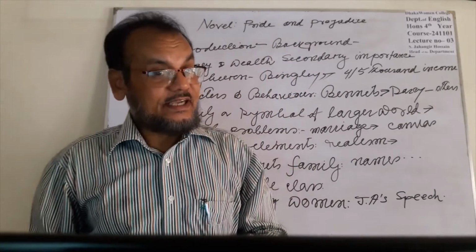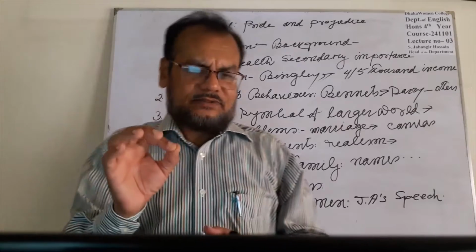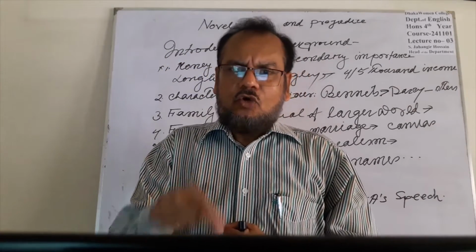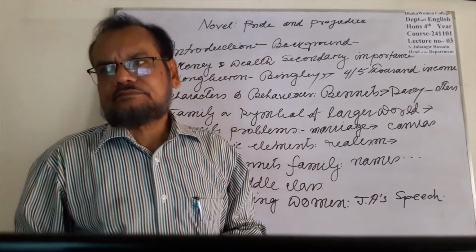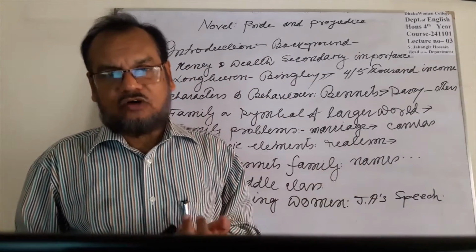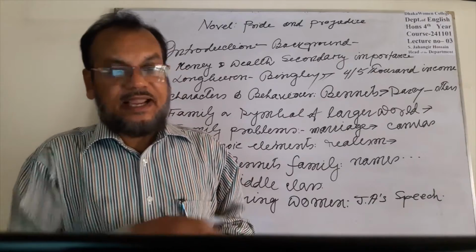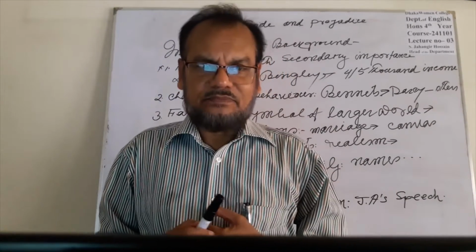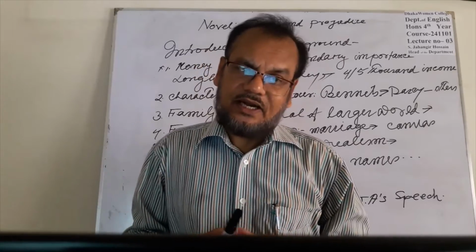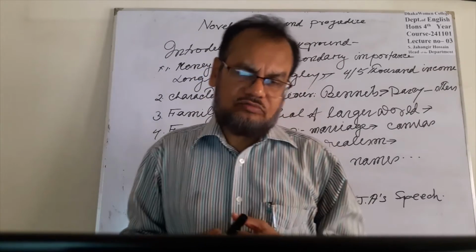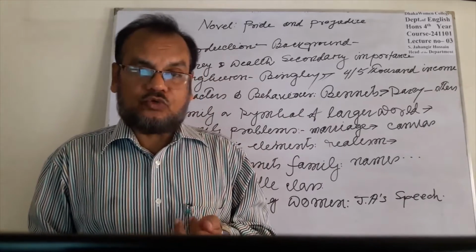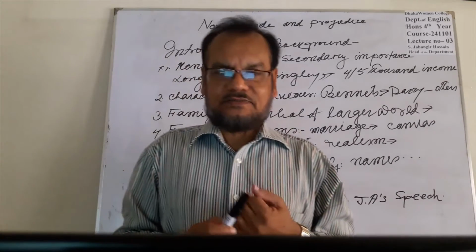So, we say it is a technique which is followed by Gothic romances, they present the entire world at a time. Jane Austen actually here tries to show the real problems of family through these characters.